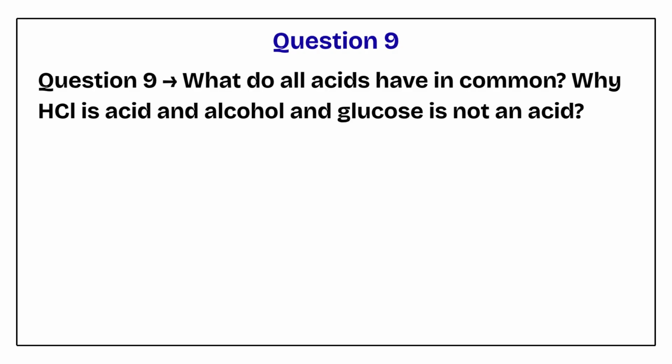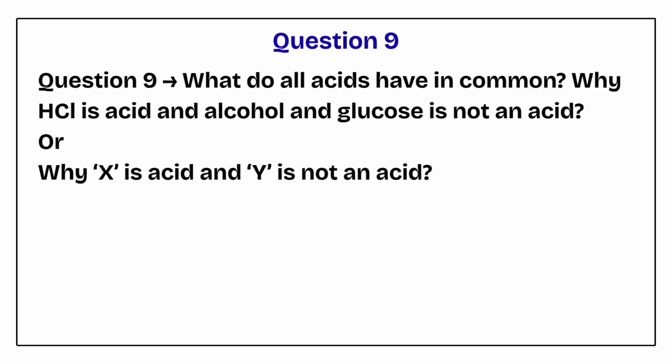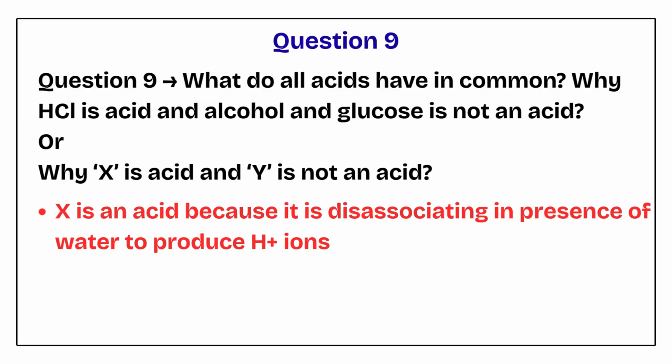Now the commonly asked question, why is HCl an acid and why is alcohol or glucose not an acid? They can ask you any kind of question like this: why X is an acid and why Y is not an acid? X is an acid because it dissociates in the presence of water to produce H+ ions.